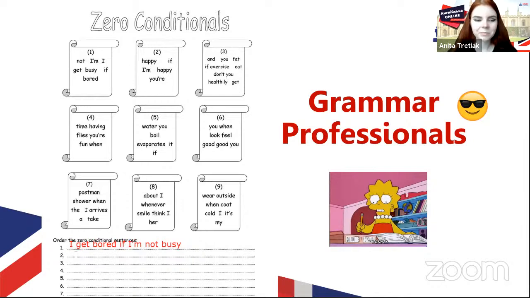Okay. So if you're happy, I'm happy. So in this case, if you use the if clause or condition at the first place, you need a comma. But if you say, I'm happy if you're happy, then you don't need to use a comma. So guys, only if the word if is in the first place.